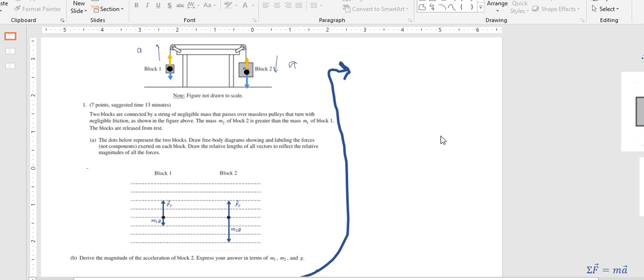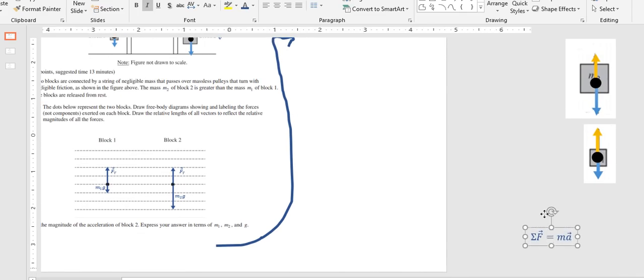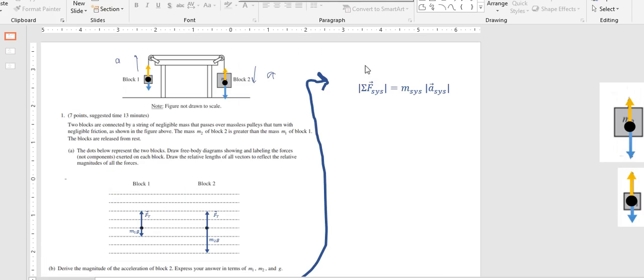So what we're going to do is use Newton's second law. Let me be a little bit more specific about this. What that gives you is the magnitude of the net force of the system. Remember, these two lines are not absolute value signs.